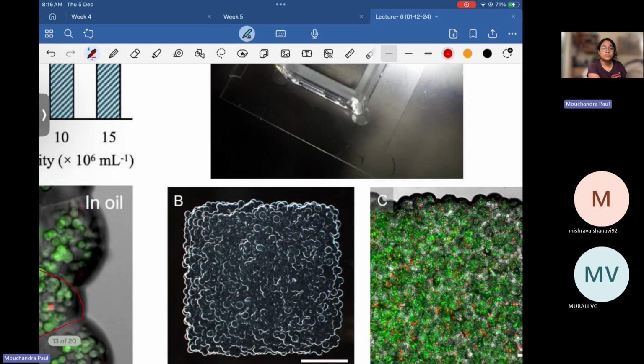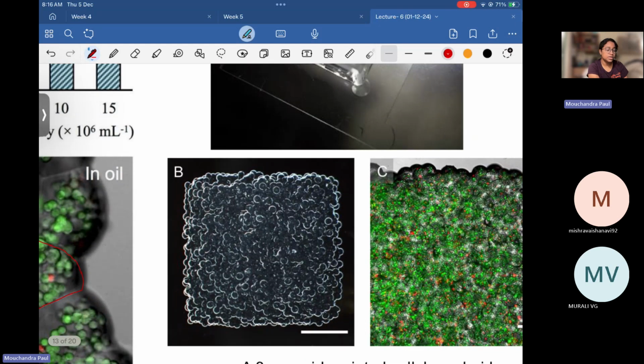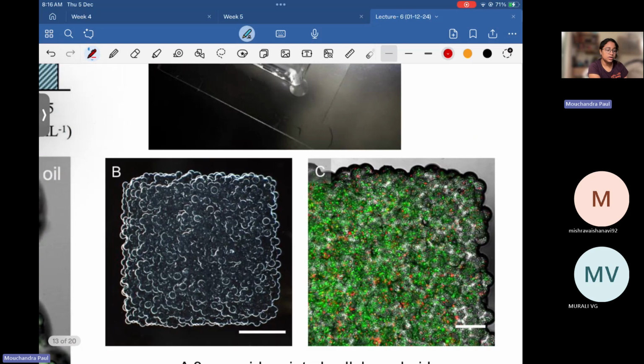So typically they are working with a 1 mm by 1 mm structure, but their technique can also print larger structures, like 9 times the volume, right? So this is the image of the large structure, and this shows how the live and dead cells are positioned within the large structure.